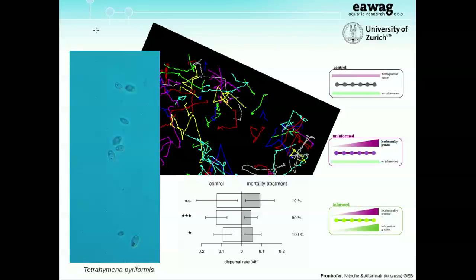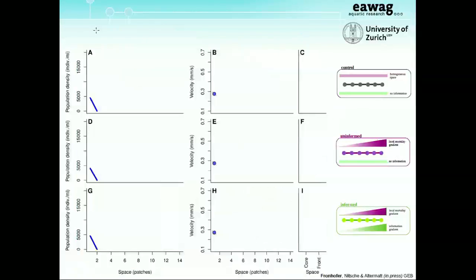And if the dead individuals are a cue for mortality, they should avoid those. And from a certain concentration onwards, they chose the control. So we seem to be able to use dead individuals, or the scent of death, to signal that there's a mortality effect.